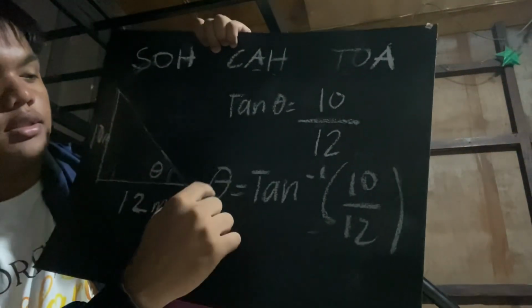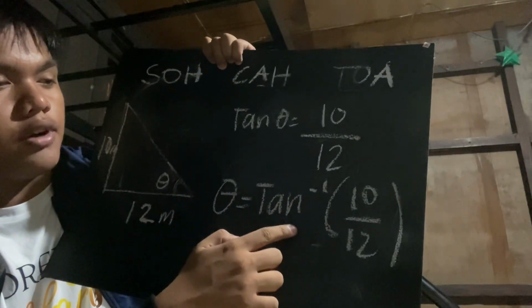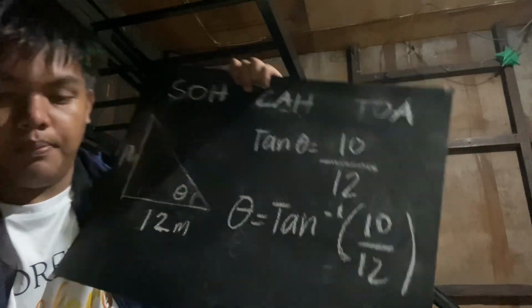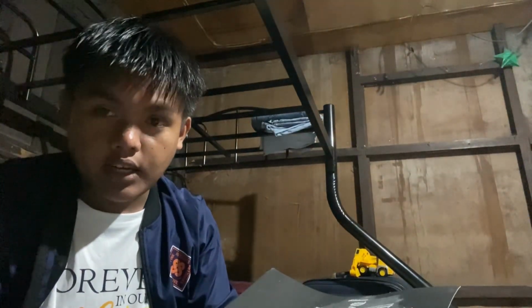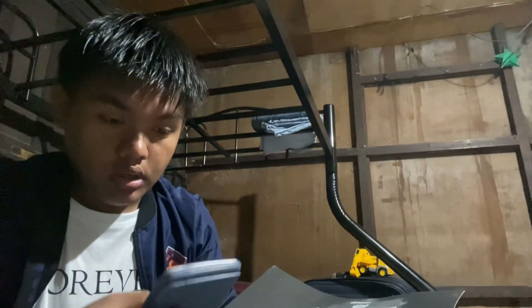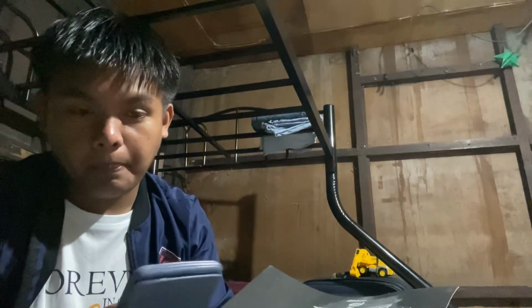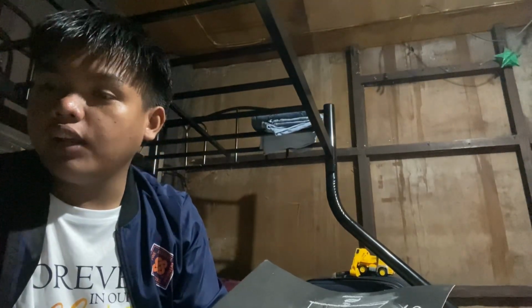You can use that. So theta equals tan negative 1, or inverse tan, times 10 over 12. So you can calculate it using your calculator: inverse tan 10 over 12. Okay. Now we have the value of theta, or the value of the angle.